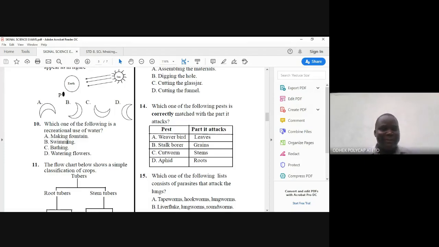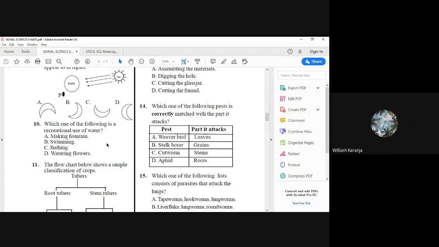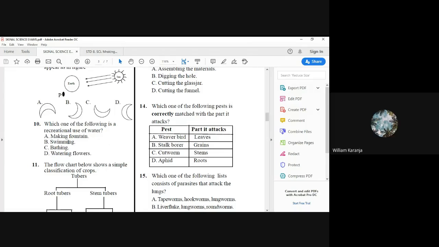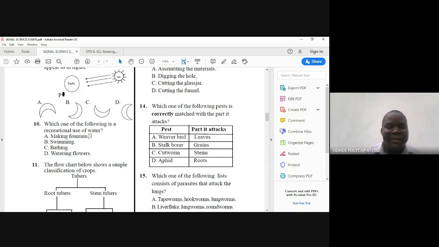So start with A. A is what? Tea making fountain is the use of water in industry.